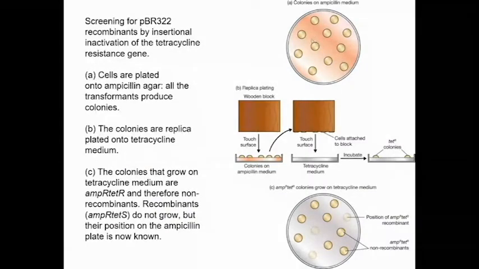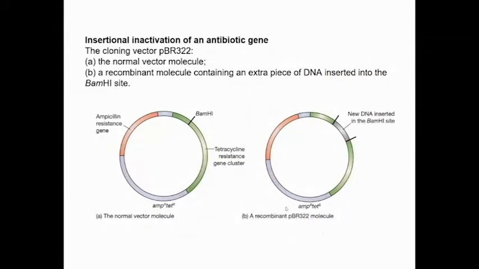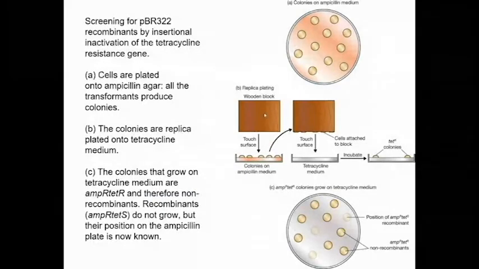The next step is to identify which ones carry the recombinant molecule, not the original molecule. In order to do that, you have to do replicate plating, transferring those cells from the ampicillin media to the tetracycline media.